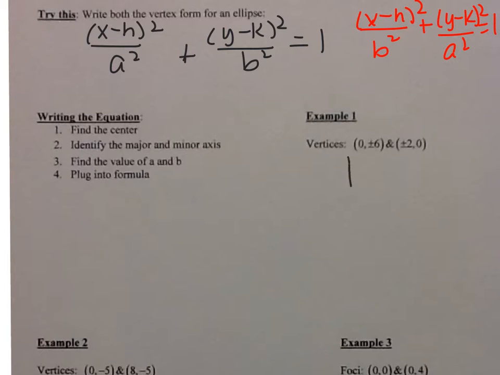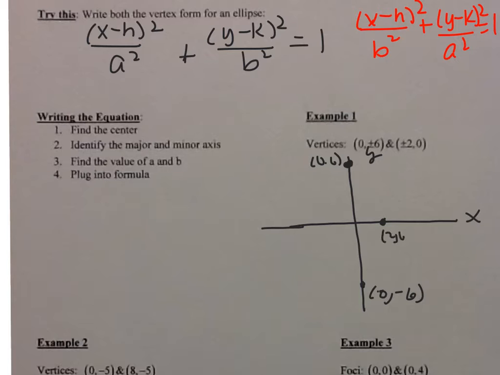So I have x, y. One of my points is (0, 6) and (0, negative 6), and (2, 0) and (negative 2, 0).